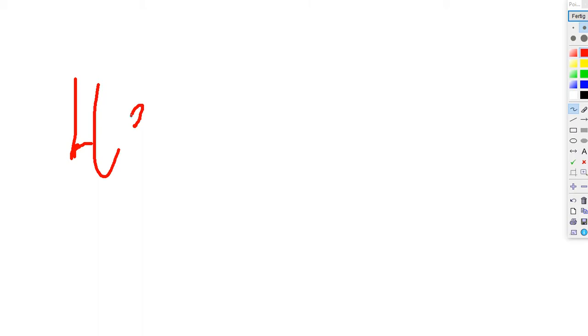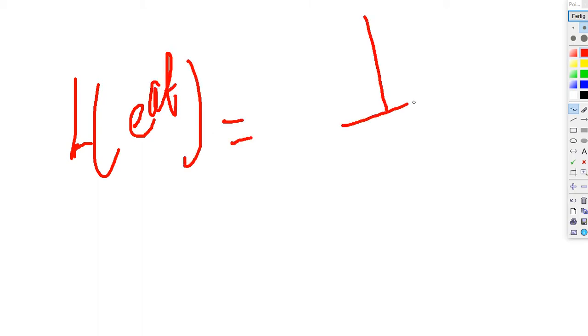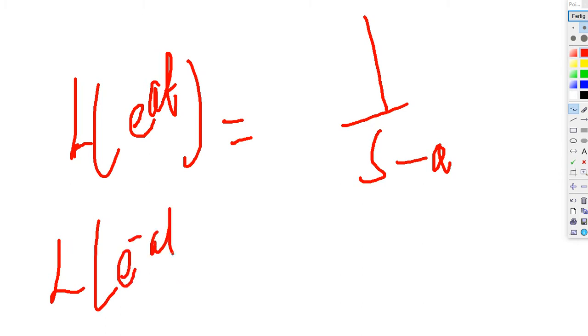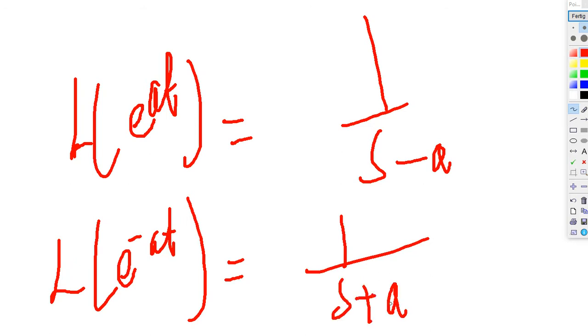The Laplace of the exponential function e to the power at equals 1 divided by s minus a. Here e has a positive exponent. Again, the Laplace of e to the power minus at has the sign different, so it is 1 by s plus a. So this is the formula.